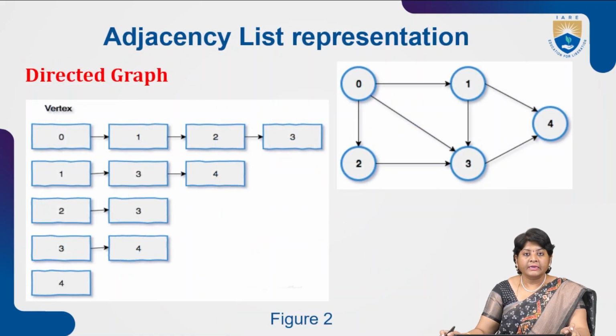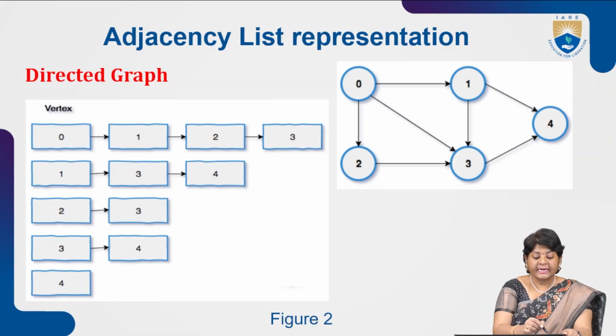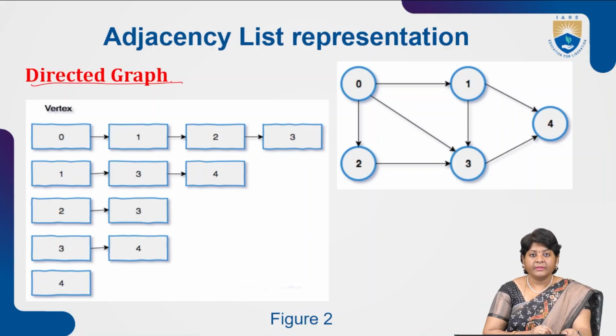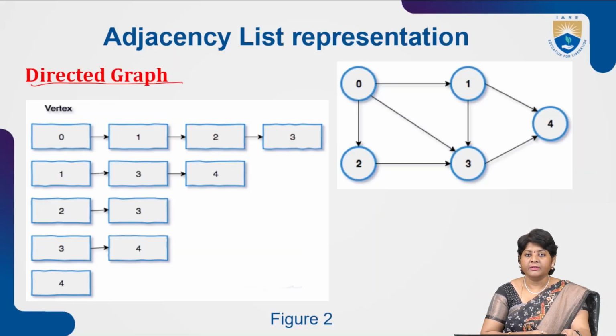When we discuss a directed graph, then the adjacency list will differ. In what way will it differ? Here we have a directed graph, that means the edges are pointed out with an arc.